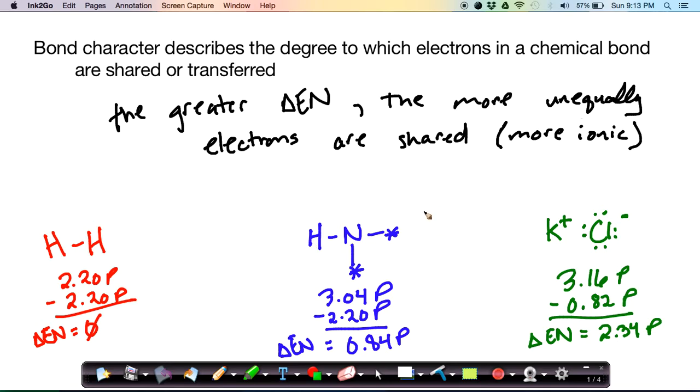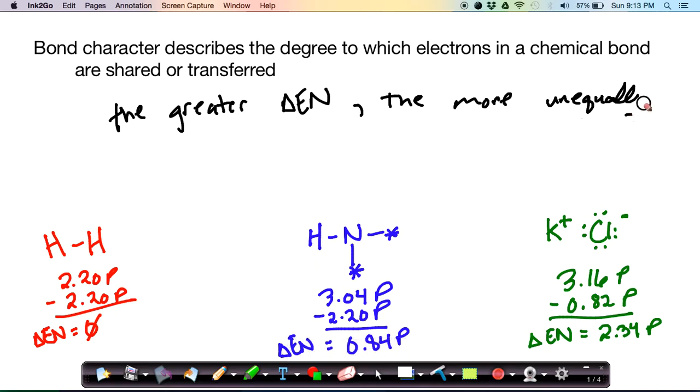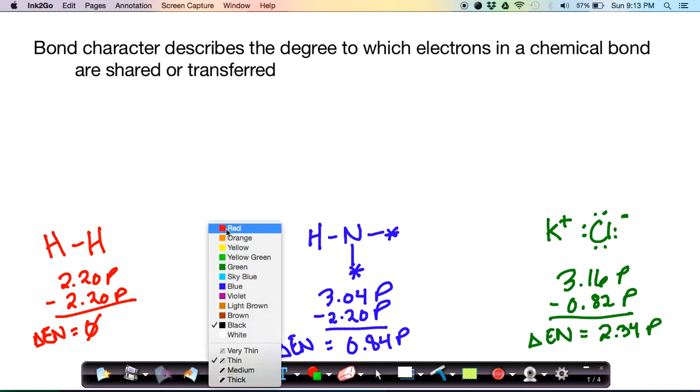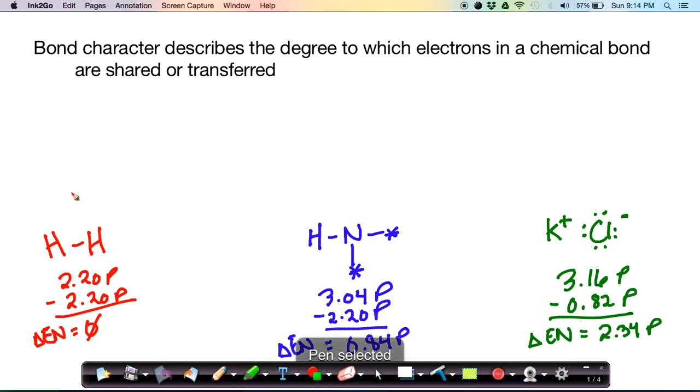In fact, each of the three bonds, we're looking at individual bonds, each of the three chemical bonds that we're looking at in our example fall into different categories based on their electronegativity difference. So let's talk a little bit about these categories. And let's start with the hydrogen diatomic molecule over here with an electronegativity difference of 0. This is what we refer to as a non-polar covalent bond.